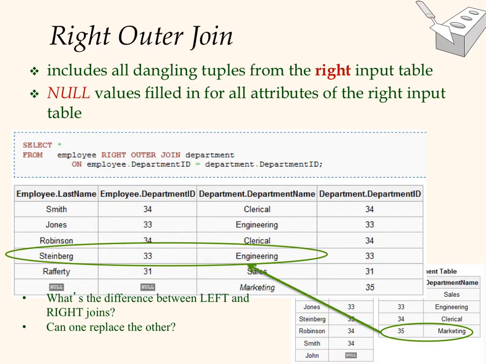Okay, so can the left join replace the right join? Here's a think question. I'll give you a bit of time to think about that. Well, the answer is yes, you just need to change the order of the tables. So you can go to a situation where you want tuples included from both tables, and that's called a full outer join.